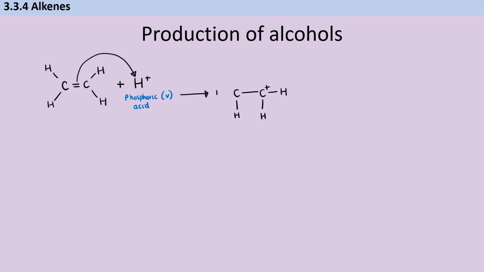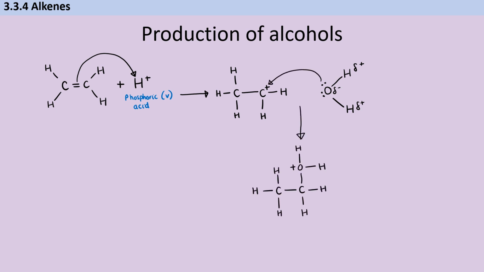So we then end up with our carbocation, and then water comes along, and the lone pair is going to attack that carbocation, and then what we're left with is going to be our alcohol, in this case ethanol, and we've remade that hydrogen ion. So typically for a catalyst, the catalyst is being reformed, it's not actually used up in the reaction.